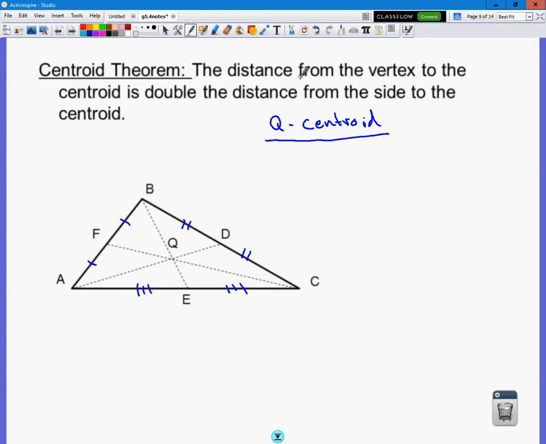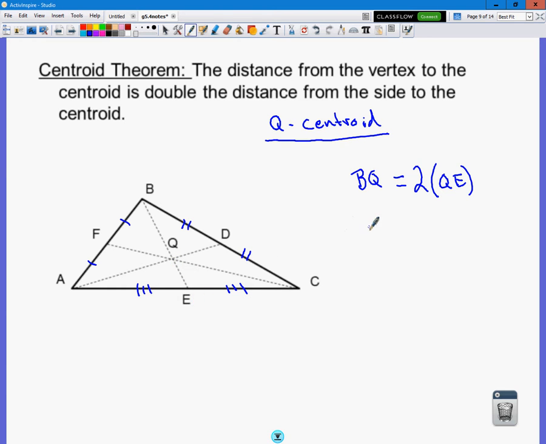It says the distance from the vertex to the centroid, well, from B to Q, is equal to double, 2 times, the distance from the side to the centroid, which would be from Q to E. So BQ, whatever it is, is 2 times what QE is.